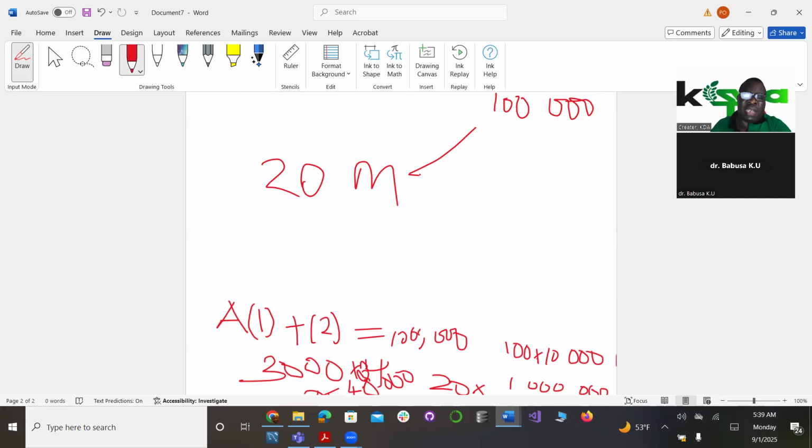Anybody can afford 20 shillings. Or are there Kenyans with students in high school who cannot afford 20 shillings? Can afford. Yes.